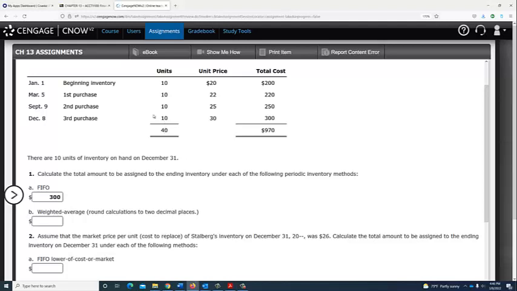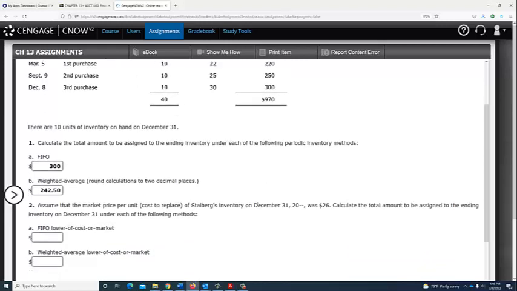Now they're wanting the ending inventory value. So I have 10 units that are valued at $24.25. If I multiply those figures together, 10 times $24.25, I get $242.50 as the value of my ending inventory.